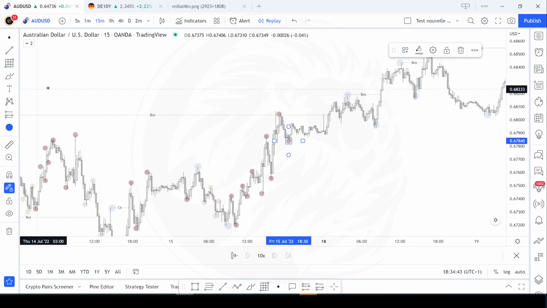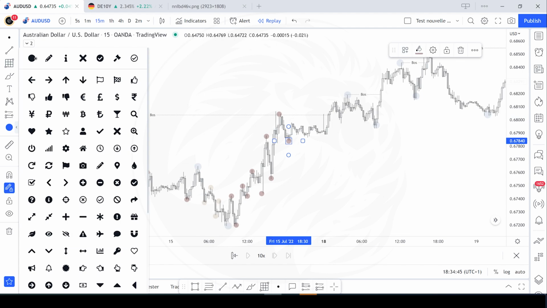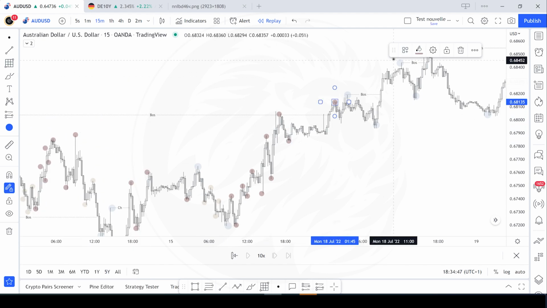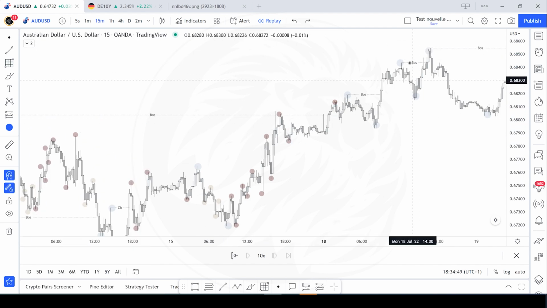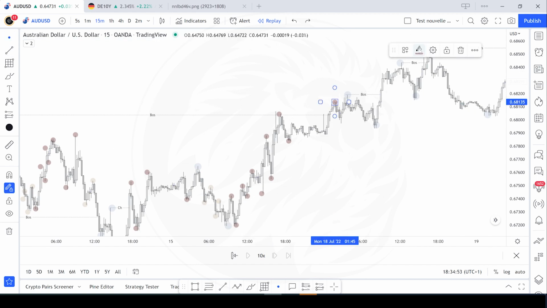So we were using an orange color for the minor, so here it will be orange because we are now bullish, and so the minor structure is also bullish.